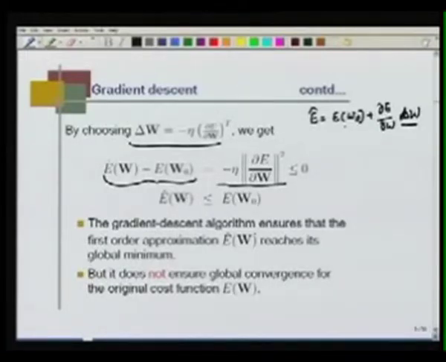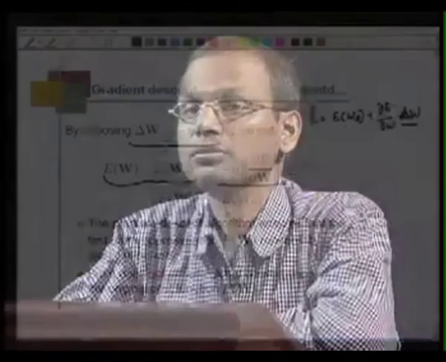So, the gradient descent algorithm ensures that the first order approximation E hat W reaches its minimum, but it does not ensure global convergence for the original cost function E(W). In that sense, what gradient descent does is try to optimize the first order Taylor series approximation of the original cost function. So, we only reach a local convergence.